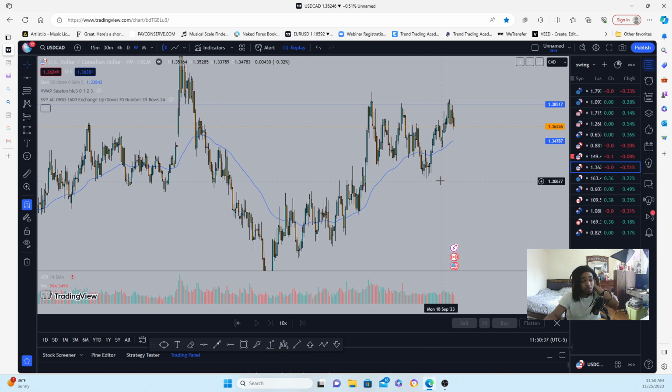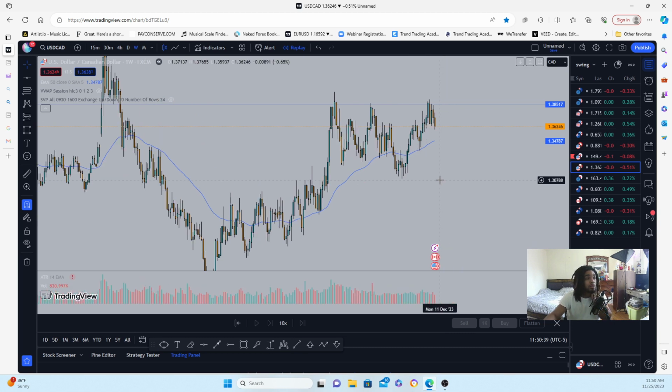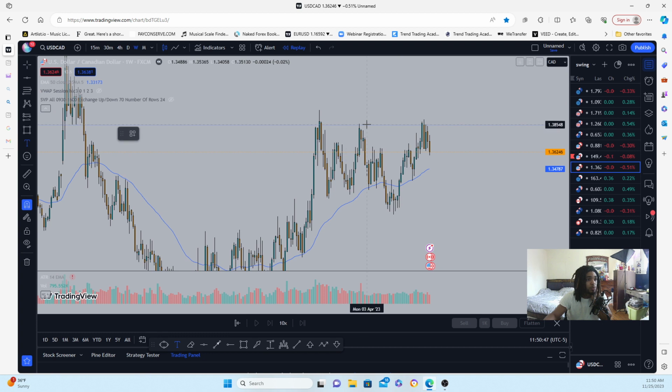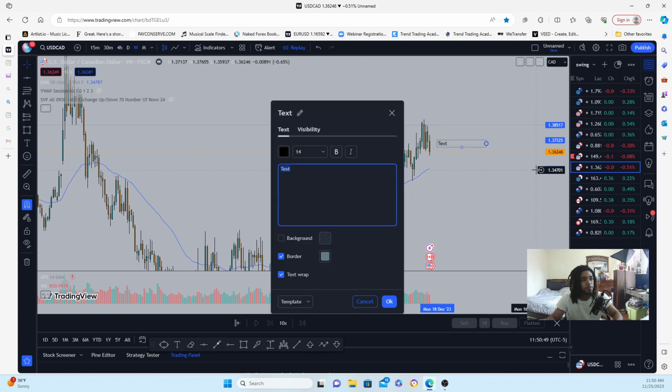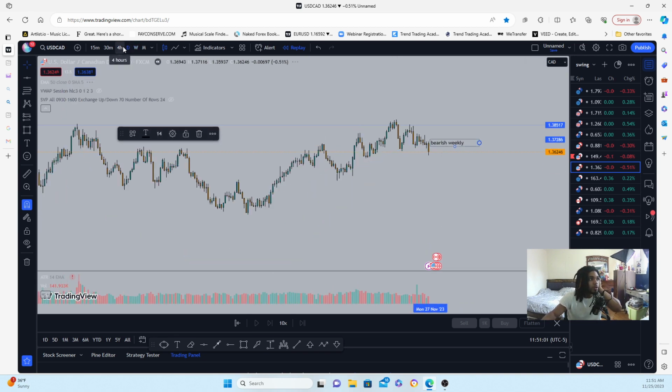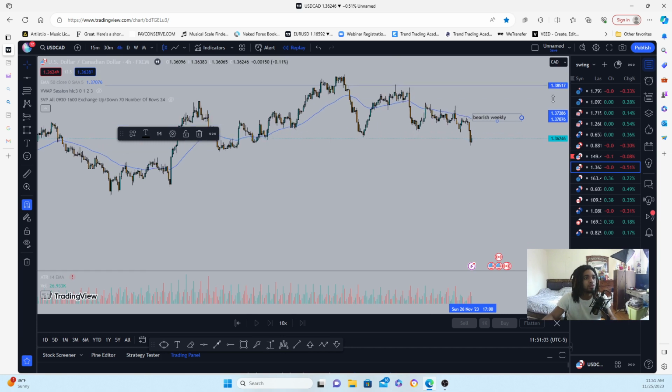It's a strong possibility that the market's going to continue downward after touching these points. We got a 3rd touch, and our weekly, what's our weekly? Bearish. So we're going to be looking for bearish opportunities, or selling opportunities.